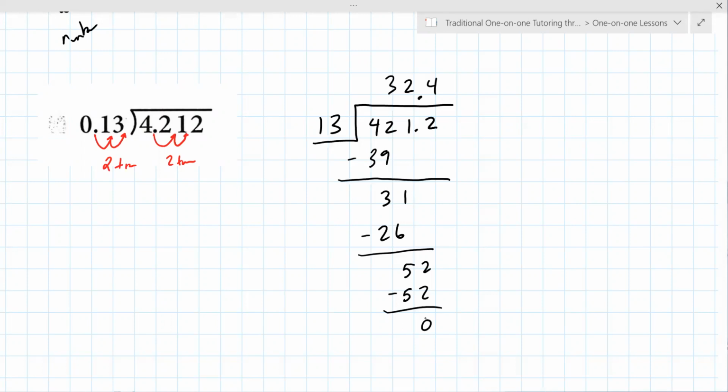Okay, so then it would be 32.5. So it'd be like 30, would it be 32.5? No, it goes in 4 times. The 13 goes in 4 times to 2. Oh yeah. Okay, never mind.